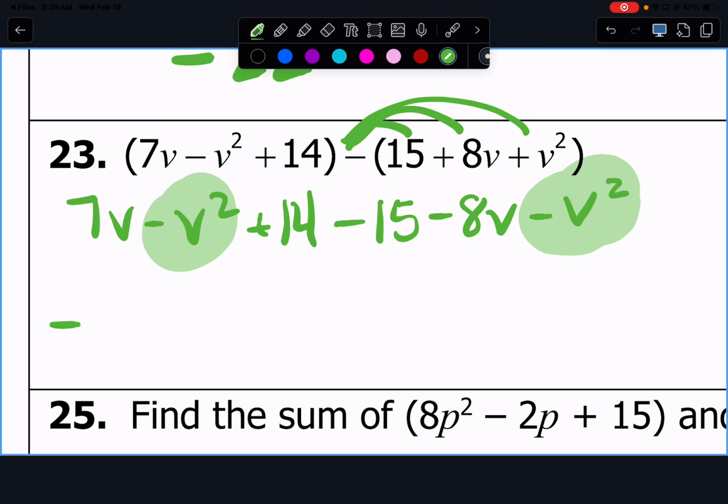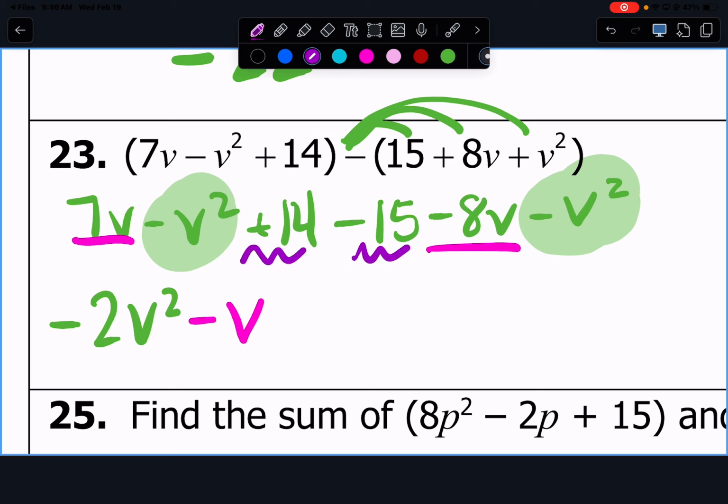Negative 2v squared. Our next one, what do I combine next? 7v and negative 8v. When I combine 7v and negative 8v, what do we get? Negative v. Then what do we combine last? 14 and 15. What is 14 minus 15? Negative 1. That's all we do.